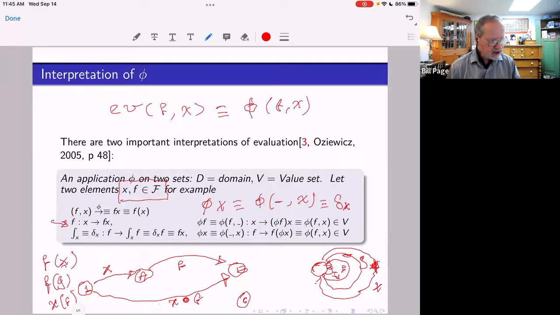But this means that we cannot compose X with F, right? Because the domain of X as an element is the domain 1.